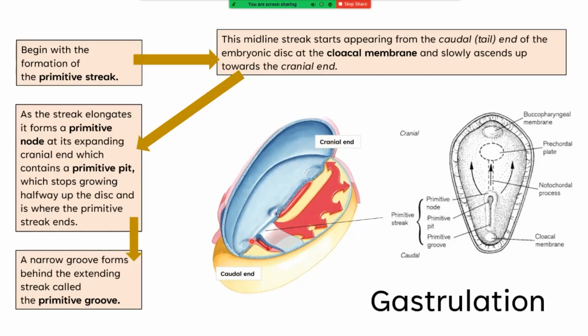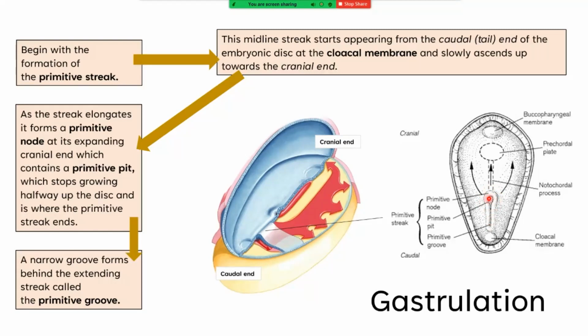As the streak elongates, the primitive node forms. The primitive node is the expanding part of the primitive streak. The primitive streak has its cranial end expanded, which is known as the primitive node. And in the middle of the primitive node, there is the primitive pit.